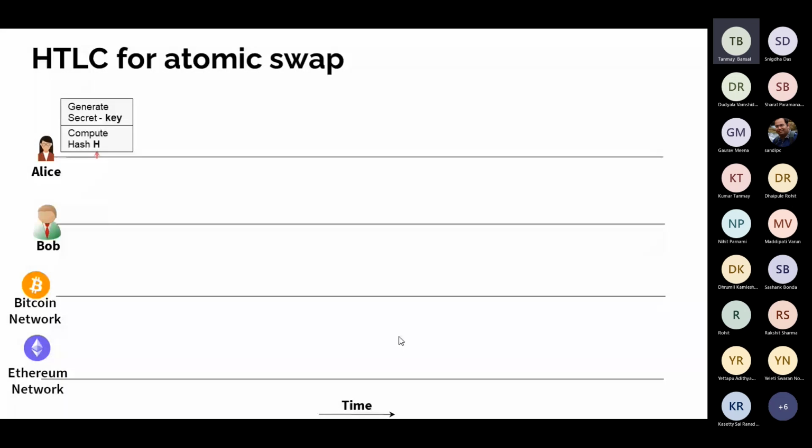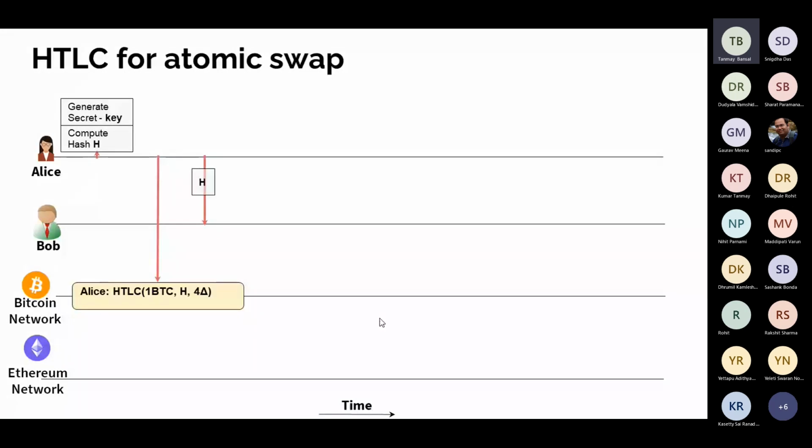Alice generates a secret key and computes the hash, and then Alice creates a transaction with an HTLC of say 1 Bitcoin, using the hash computed from the key, with some timeout period of say 4 delta starting from the initial time, say t0. This hash h is made known to Bob.